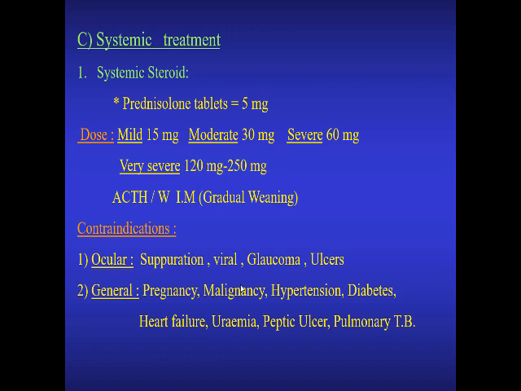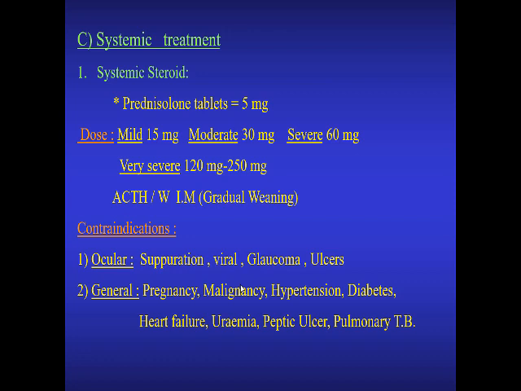Systemic treatment is with systemic steroid, prednisolone tablet 5 mg. The dose may be mild 15 mg, moderate 30 mg, and severe 60 mg per day, and in very severe cases we can reach up to 120 mg per day.